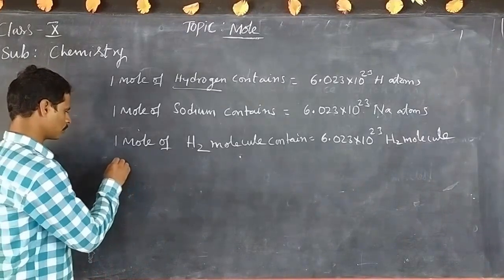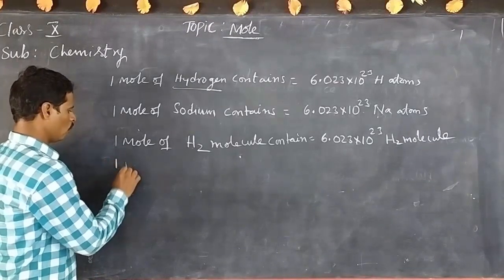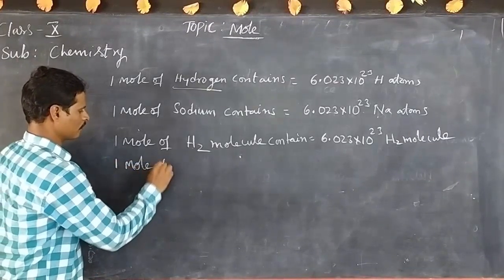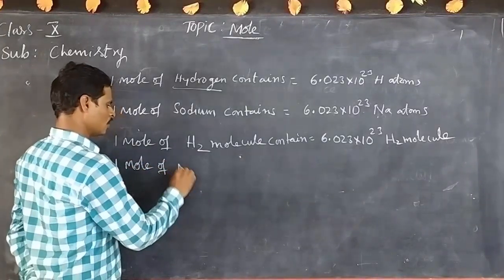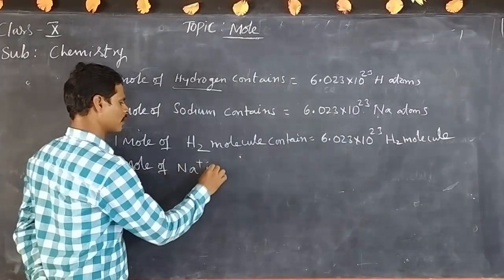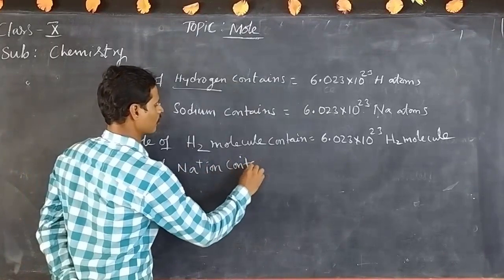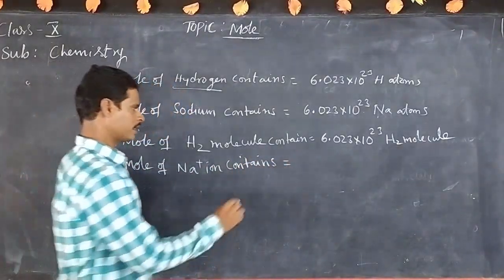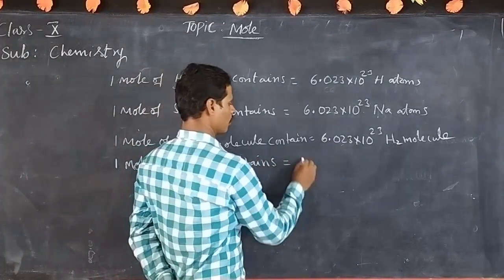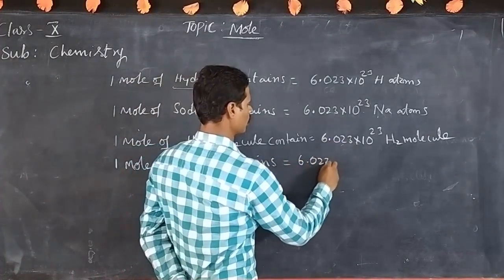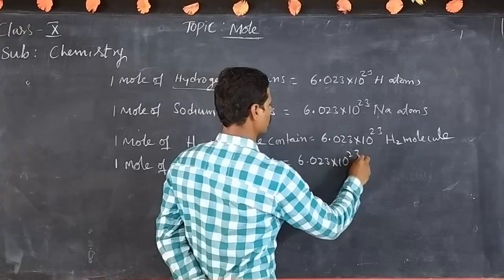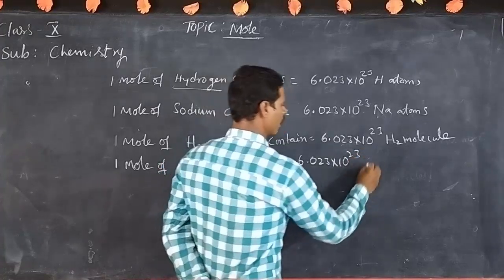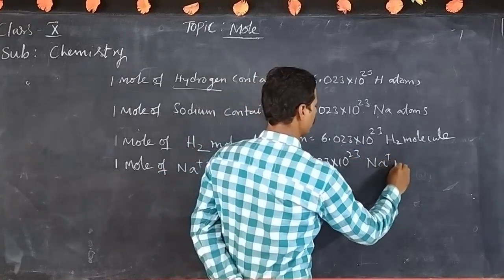Did you understand? Next, 1 mole of sodium ion contains 6.023 into 10 to the power 23 sodium ions, Na plus ions.